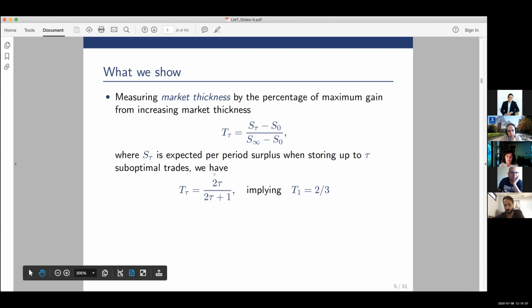And so tau is going to be the maximum number of such identical suboptimal trades that you're willing to store. And if you store tau of them, we're going to show that T of tau is going to be this number here.